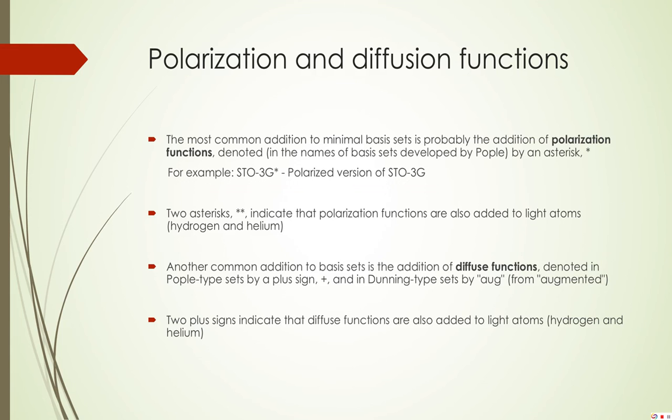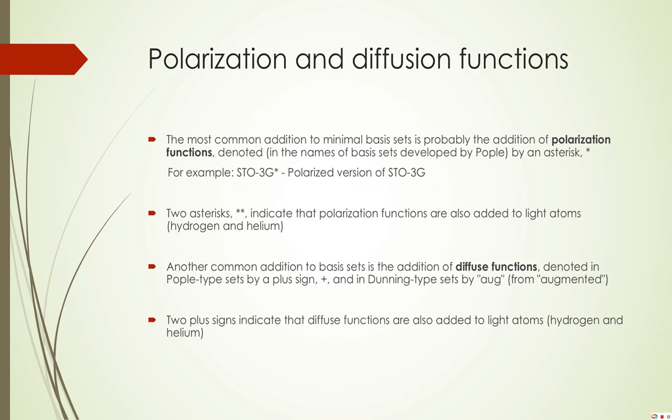So, polarization and diffuse functions. The most common addition to minimal basis sets is probably the addition of polarization functions. Polarization function is denoted in the name of basis sets developed by John Pople by an asterisk. For example, STO-3G polarized. This is polarization. Two asterisks, like a double star, indicate that polarization functions are also added to light atoms like hydrogen and helium.